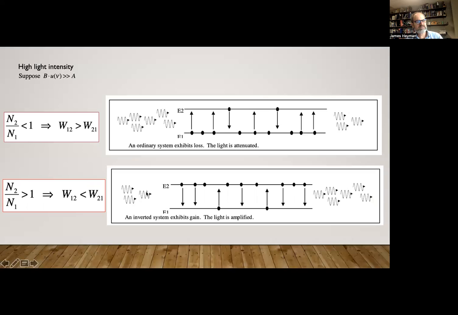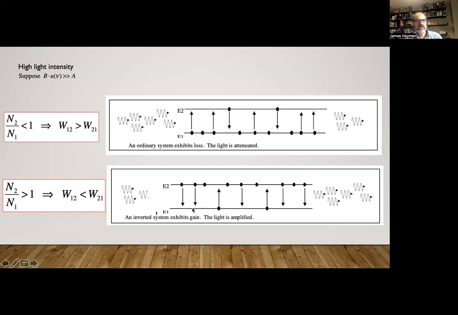So light that travels through such a system is predominantly amplified because stimulated emission dominates over absorption. And look, the only thing that was required to get amplification instead of loss was to have our system be inverted, to have more atoms in the upper state than in the lower state.